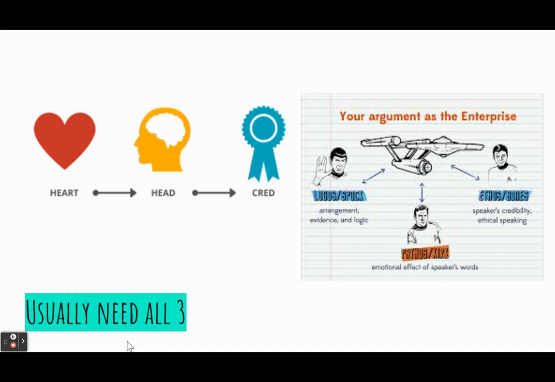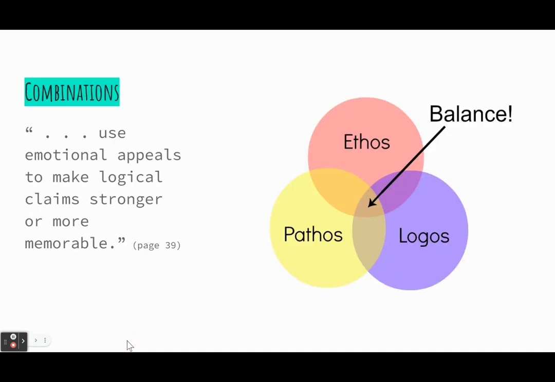Didn't always work. McCoy sometimes got heavy into the pathos as well, but it's still, I think, all three as you're going through a paper. The textbook also agrees with that. Find the balance, especially again when you're doing the speculation essay.